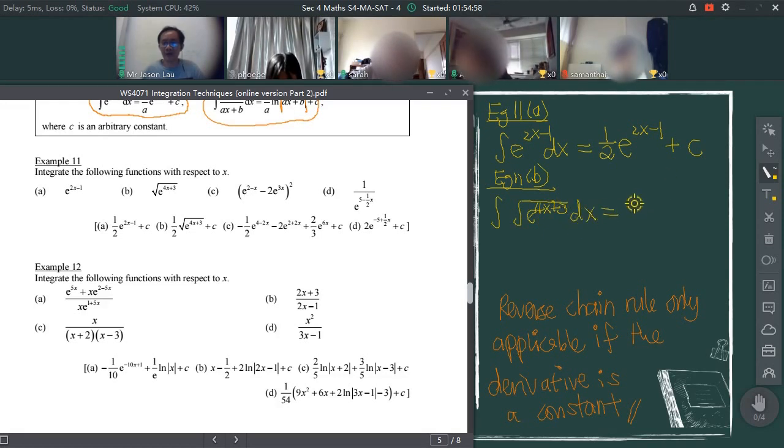Then you must sort out the power first. So it's e to the power of 4x plus 3, power half, so times half. Remember your indices. So here we get integrate e to the power of 2x plus 3 over 2 dx.